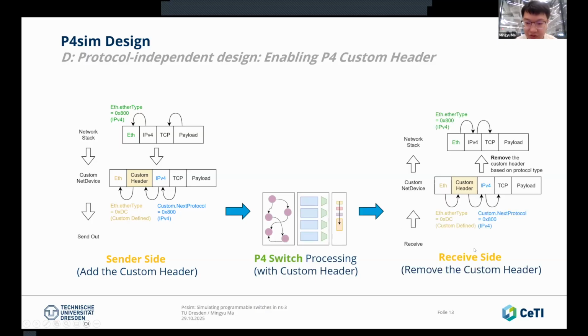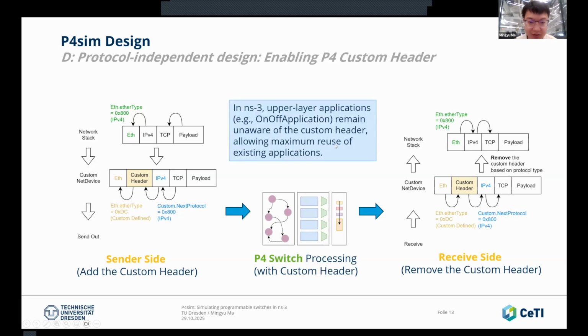Then the receiver side will automatically deparse it and pass it to the upper layer, like the network layer or application layer, or even higher layers. With that design, the upper layer applications, like the on-off application in ns-3, remain unaware of the custom header.